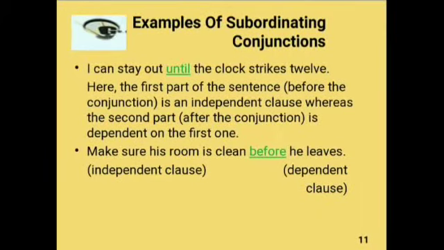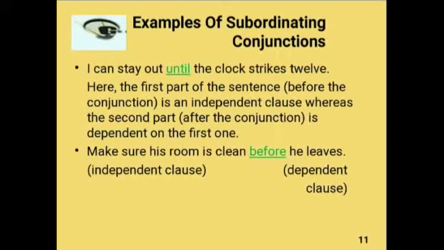Examples of subordinating conjunctions. I can stay out until the clock strikes 12. Here, the first part of the sentence before the conjunction until is an independent clause, whereas the second part after the conjunction, that is until, is dependent on the first one.